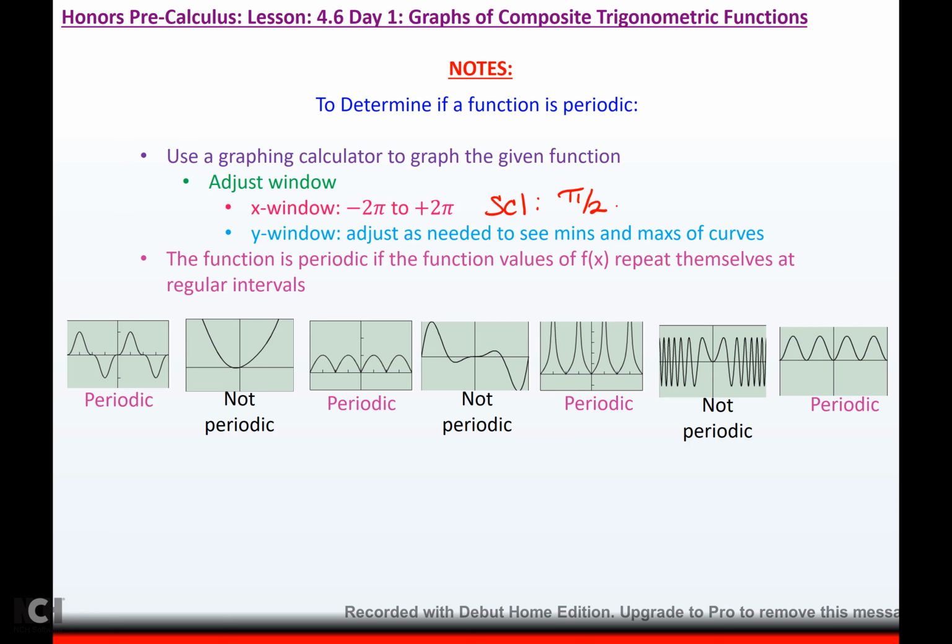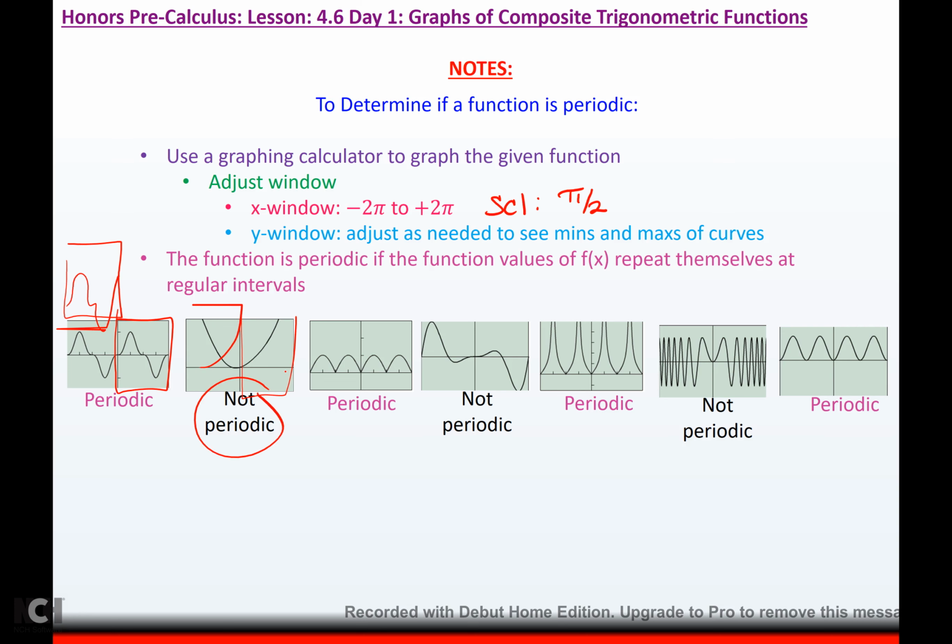The function is periodic if the function values of f of x repeat themselves at regular intervals. If you can visualize taking this half, picking it up, and putting it on top of this half, if it looks the same, then it's periodic. Notice if I take this side and try to draw it over here on this side, it doesn't lay on top of what's over there.